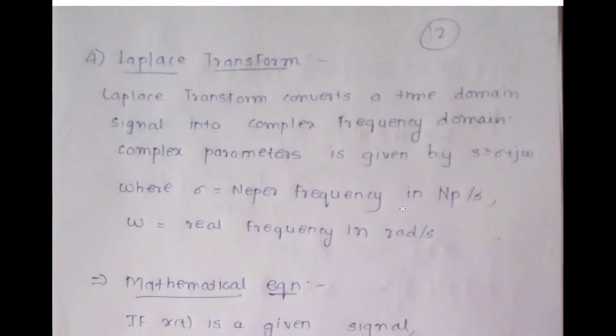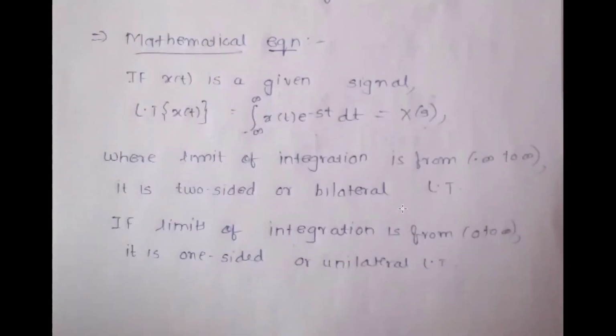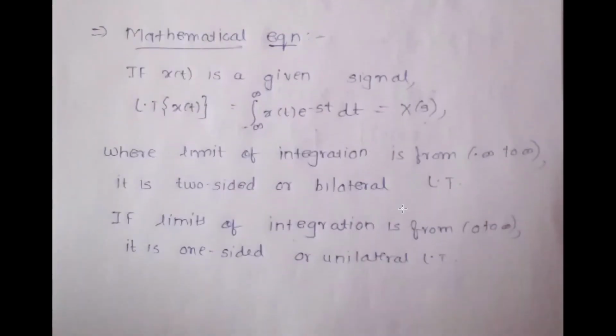The mathematical equation of Laplace transform is given as Laplace transform of x of t is equal to X of s is equal to integration from minus infinity to infinity of x of t e raised to minus st dt. The limits are minus infinity to infinity if it is a two-sided Laplace transform, but if they ask you for a single-sided or unilateral Laplace transform, just take it from 0 to infinity.